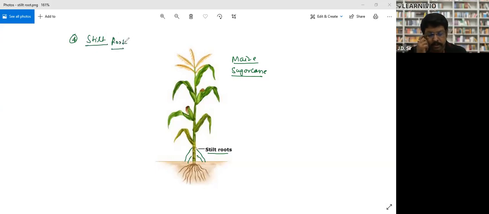They are short but thick supporting roots which develop from the basal node of the stem.